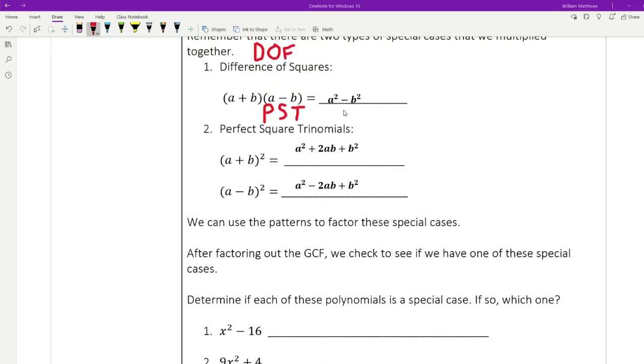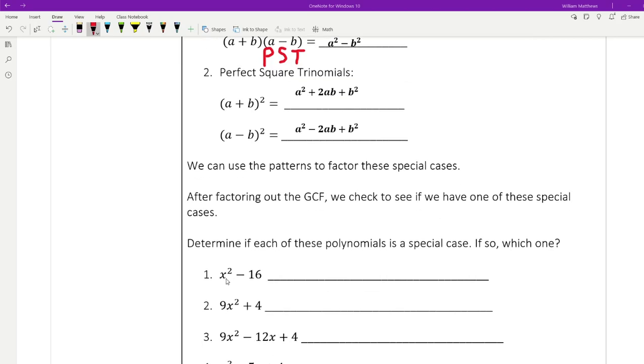This matches up with our difference of squares. We can find the square root of anything with a power, and we know that the square root of 16 is 4. Since we have whole numbers there, we can use the difference of squares rule.